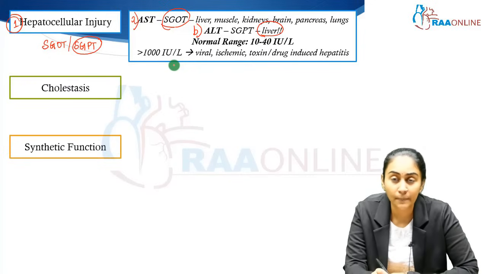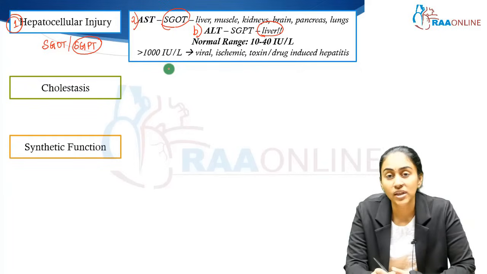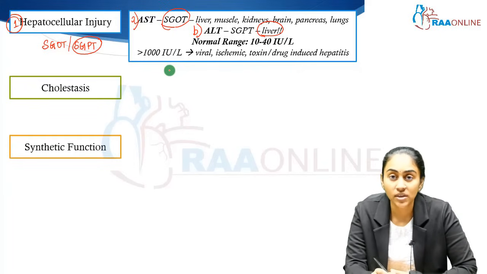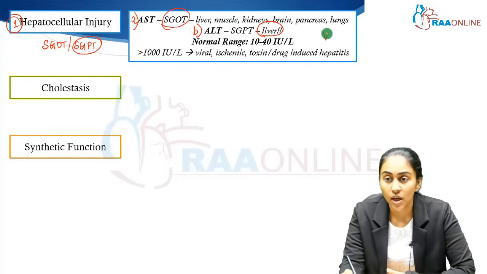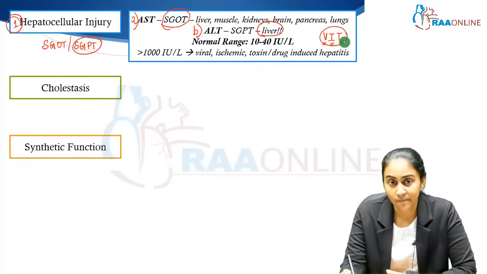It could be a viral hepatitis, it could be an ischemic hepatitis, which is seen in patients with profound shock or prolonged hypotension, and finally it could be a toxin-induced hepatitis like in paracetamol or acetaminophen toxicity. So how I remember causes for massive transaminitis is VIT. V for viral, I for ischemia and T for toxins.